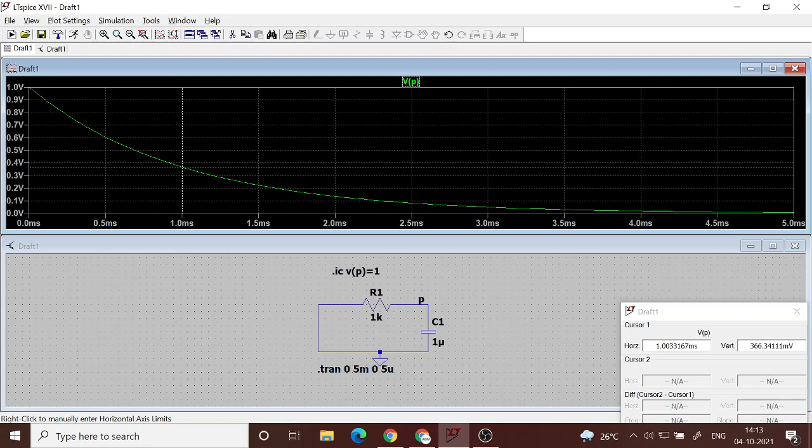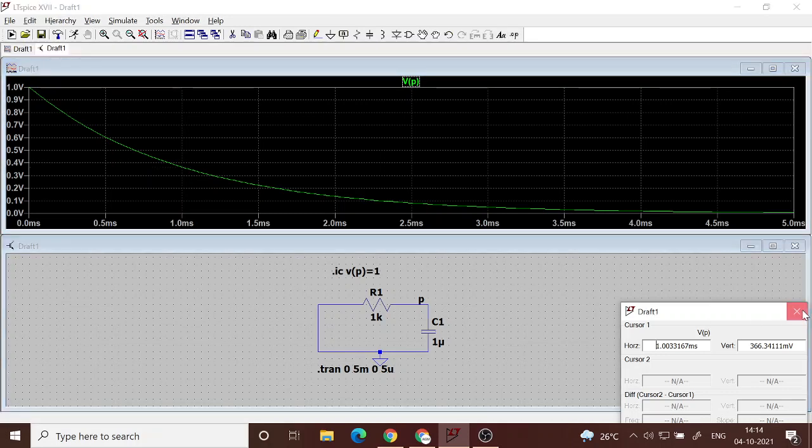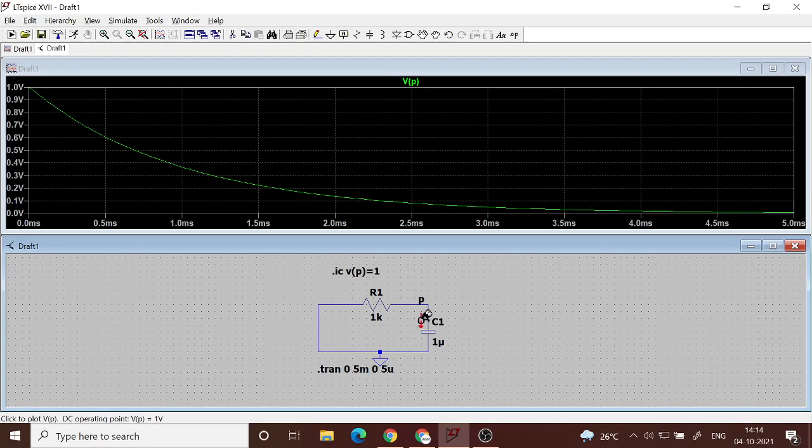Okay, now that is the value for 1 by e of the initial value, which is 1 volt. So that is how the definition of the time constant is made. I think I taught this already, so I don't want to repeat the mathematics again. You can work it out and see this.